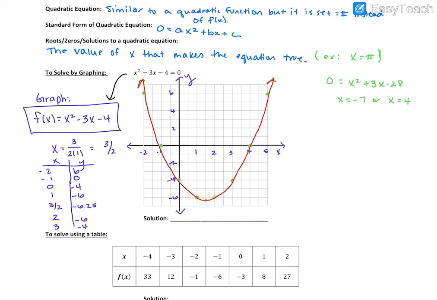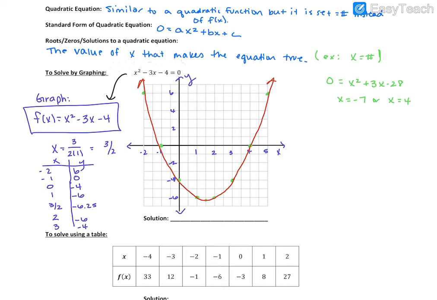Now, instead of graphing, because I couldn't graph this, I replaced the 0 with f of x, or I replaced 0 with y, depending on if you wrote y equals x squared minus 3x minus 4, or f of x equals. I usually write f of x equals because I like function notation.